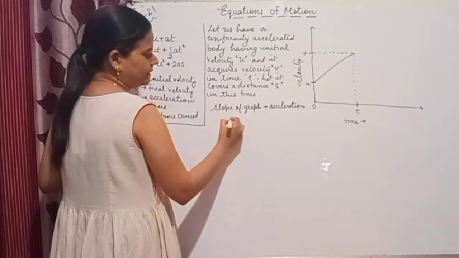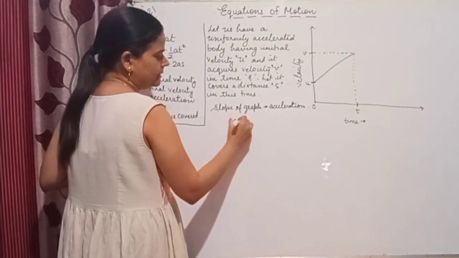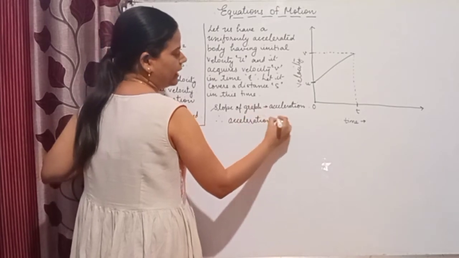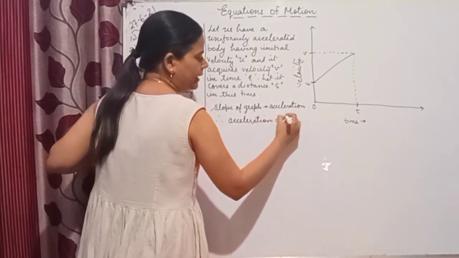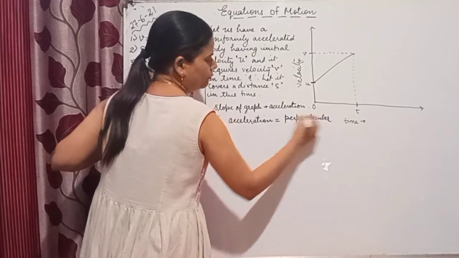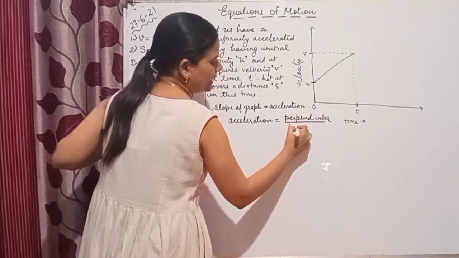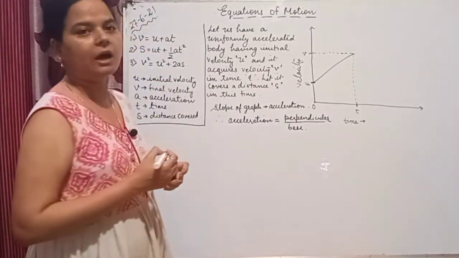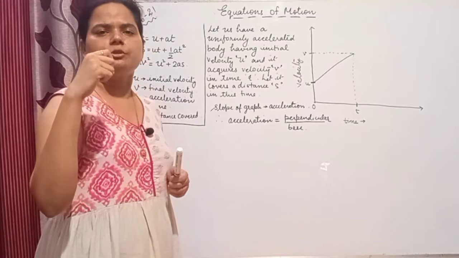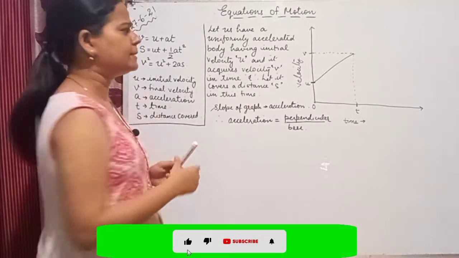Therefore acceleration can be given as perpendicular upon base. We all know that slope can be calculated as perpendicular upon base. So our target is to find out the measurement of perpendicular and base.